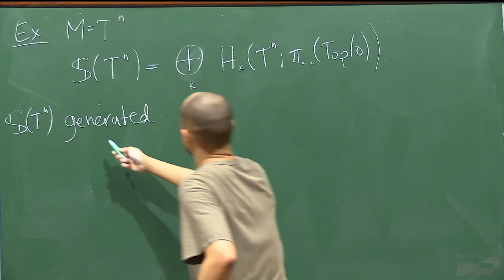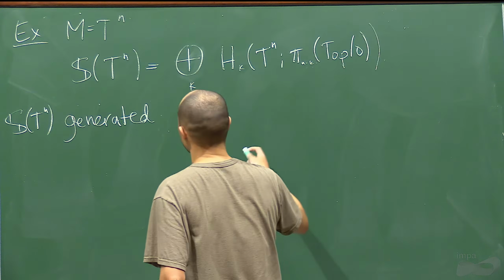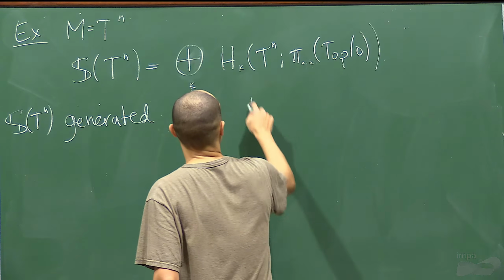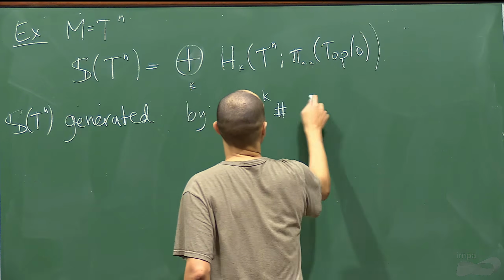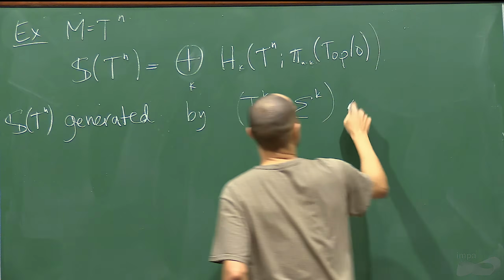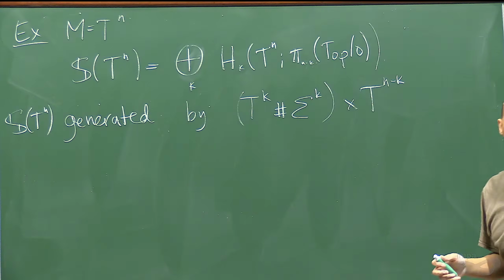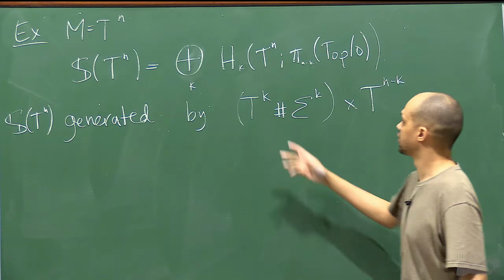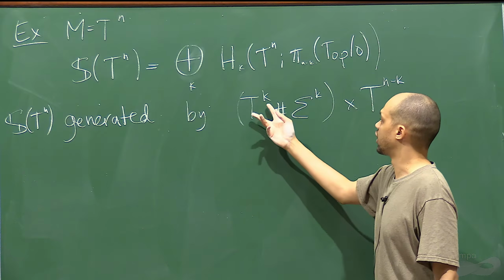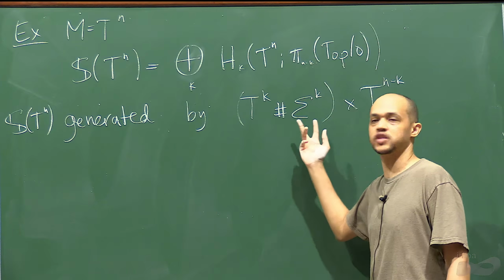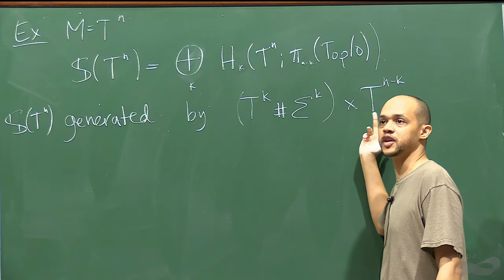Let me give you the explicit description. It's generated by smoothings of the form like this. You take a k-torus, connect sum with a homotopy k-sphere, and then take a product to get the right dimension.